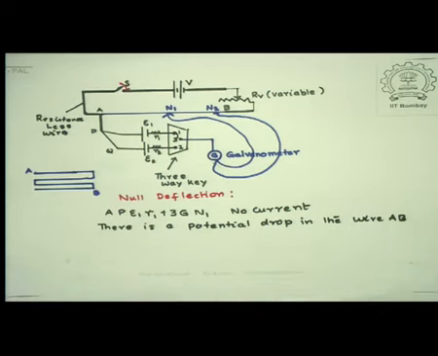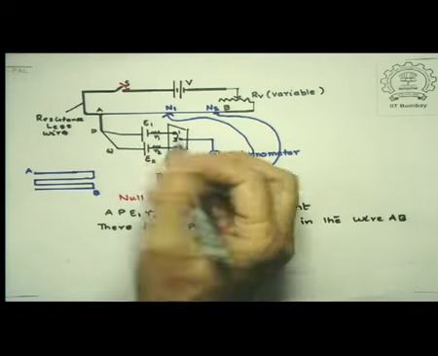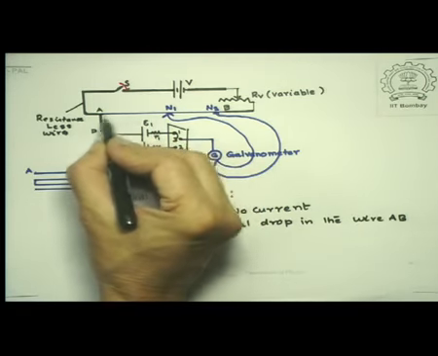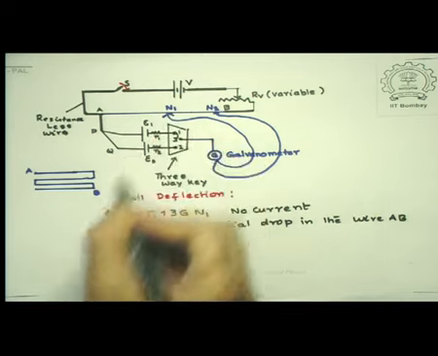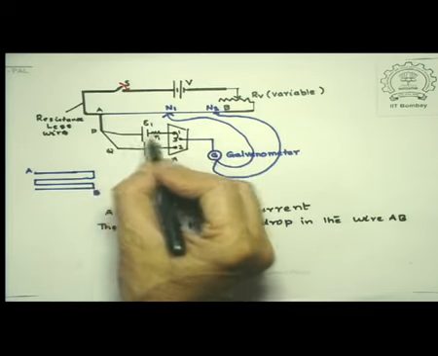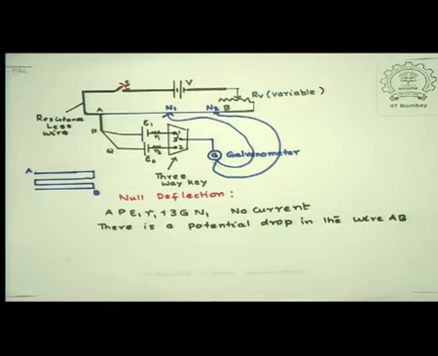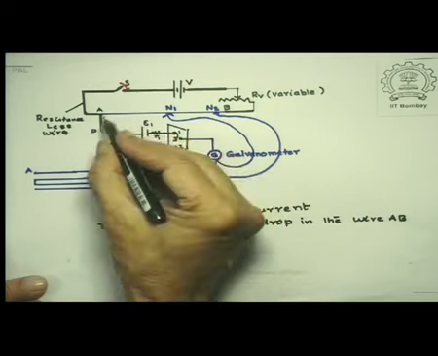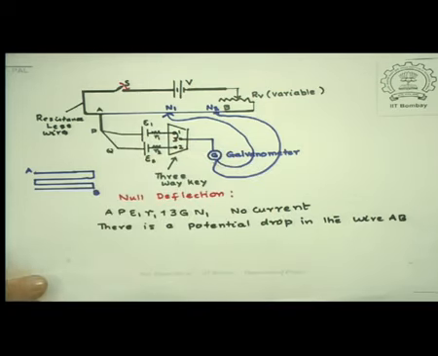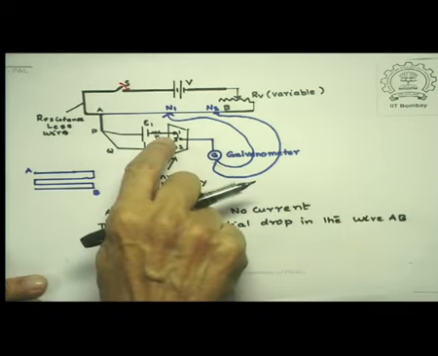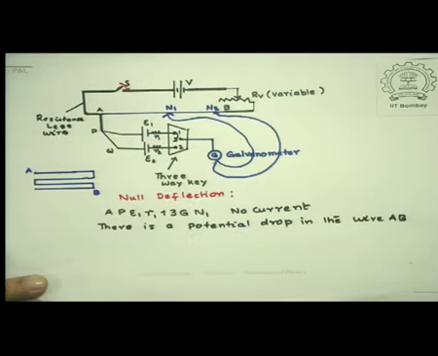And since the null deflection is obtained at the point N1, it tells me that the potential drop in the section A N1 is balanced against the EMF that is supplied by the battery. Now note one thing, that because there is no current in this part of the circuit, the internal resistance does not play a role, because internal resistance would have provided a further potential drop if there were a current in this part of the circuit.